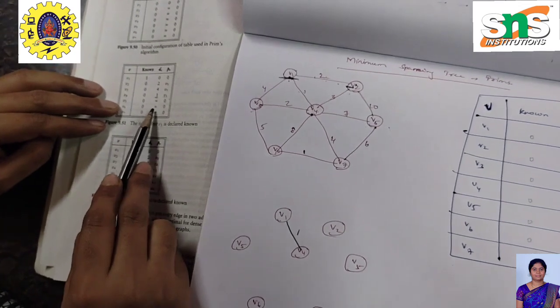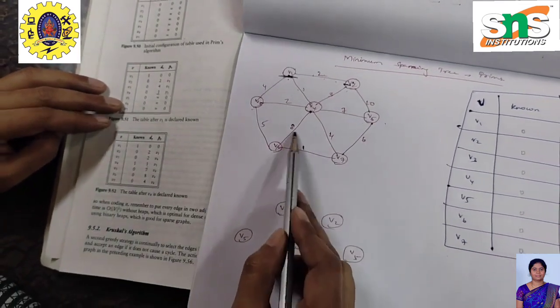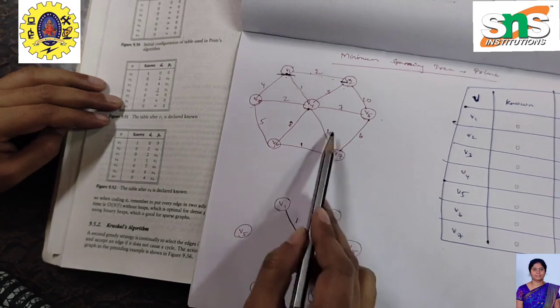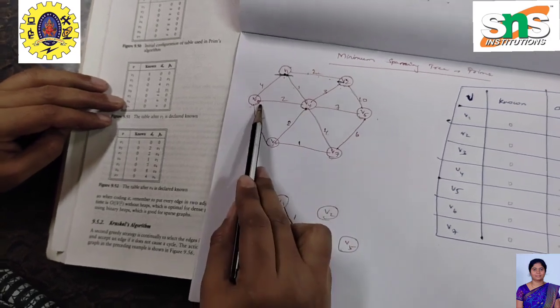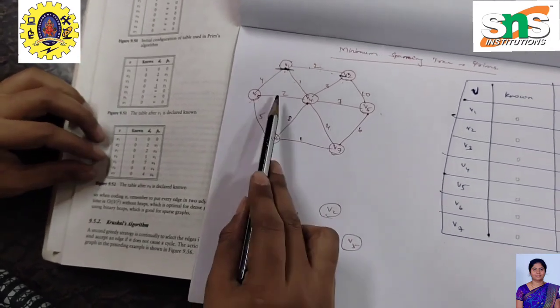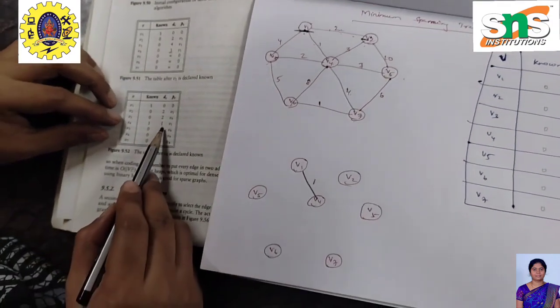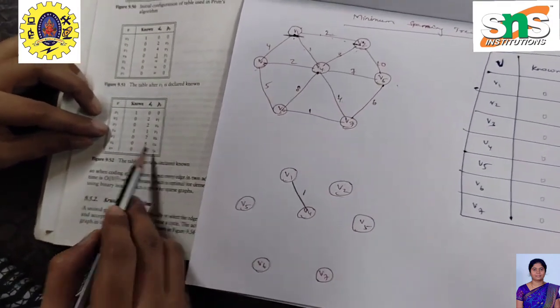To visit V6 it is 8, to visit V7 it is 4, and for V3 the value is 2. These are the values I can visit from V4.